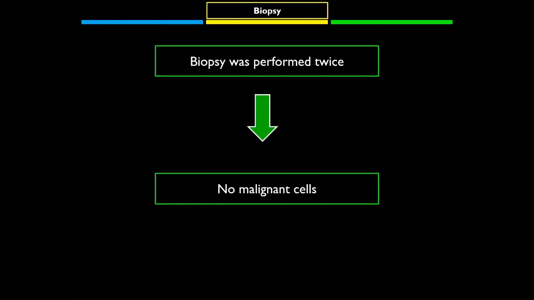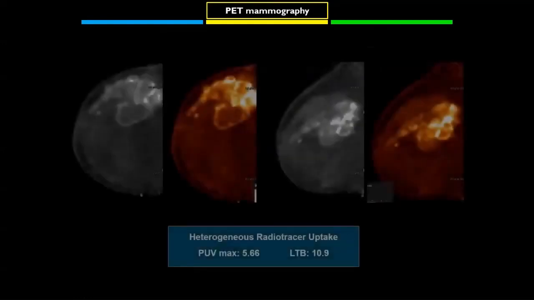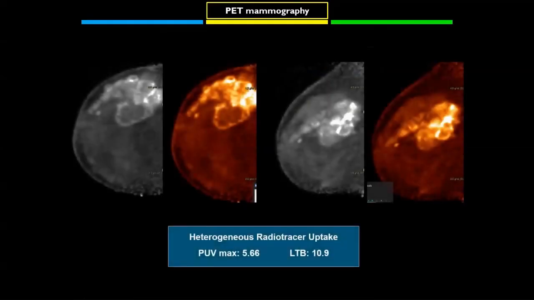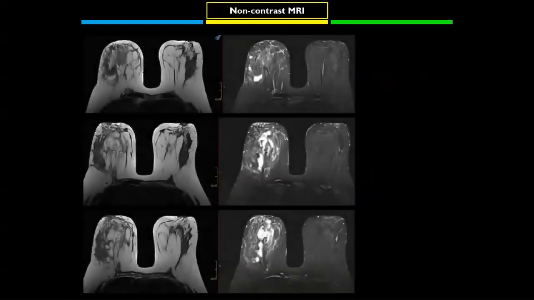And she was sent for a third biopsy, but actually I refused to do a third biopsy. And he insisted that he needs a PEM, or PET mammography. And actually it was more deceiving than the MRI because it gave us values which were similar to a malignant breast lesion. When she came for the third time, I told them, please perform a non-enhanced MRI.